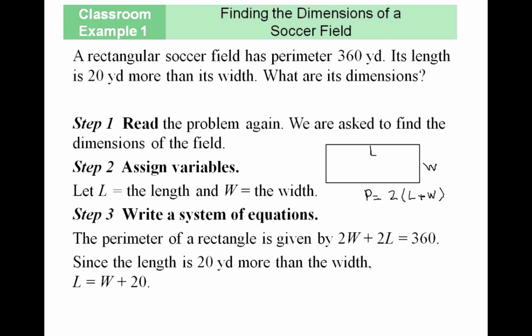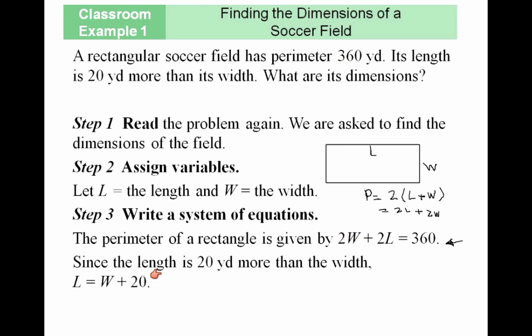Or you can write it as 2L plus 2W, or 2W plus 2L. So our first equation is right here: 2L plus 2W is given to us as being equal to 360.